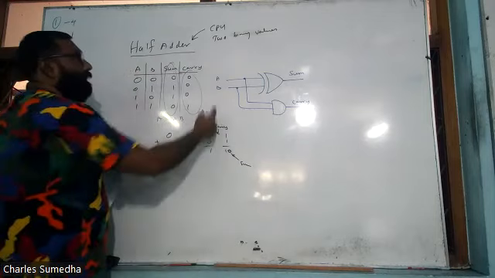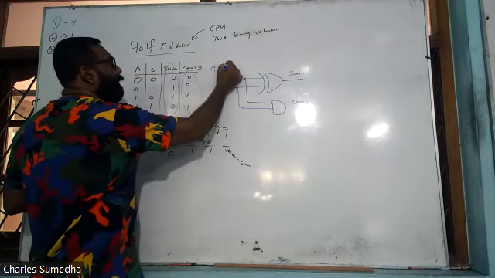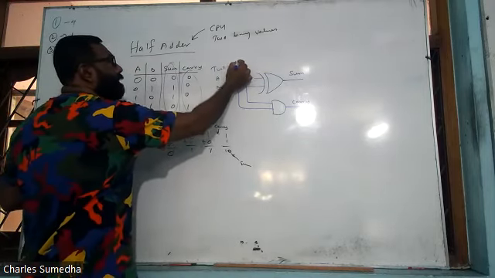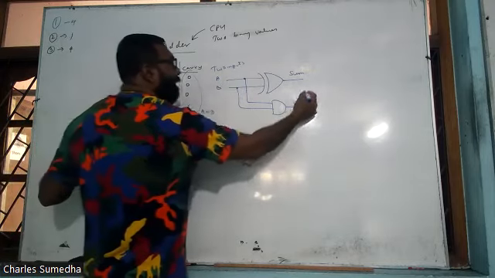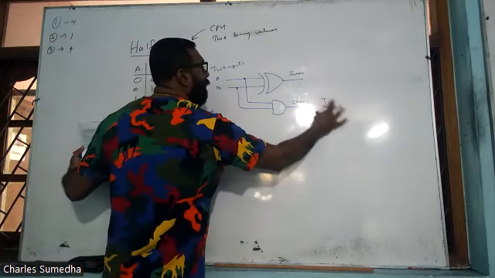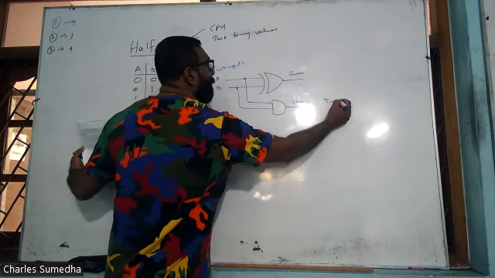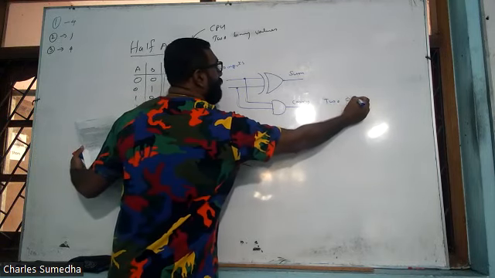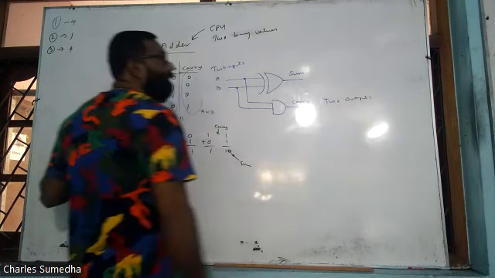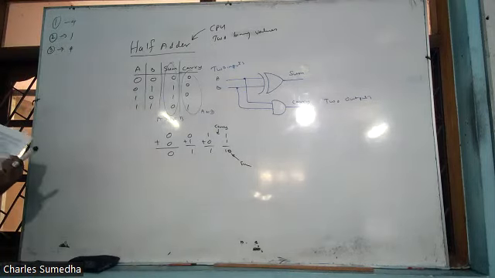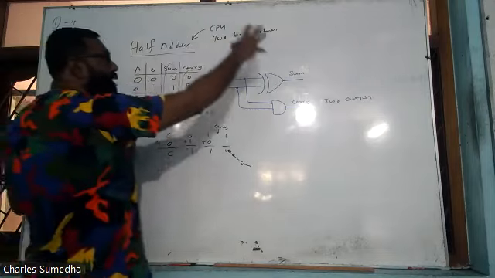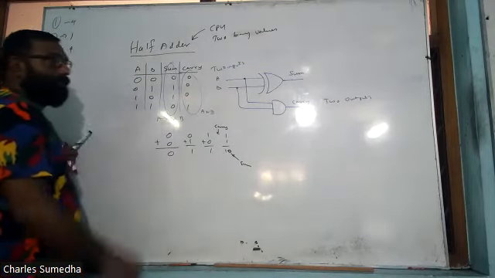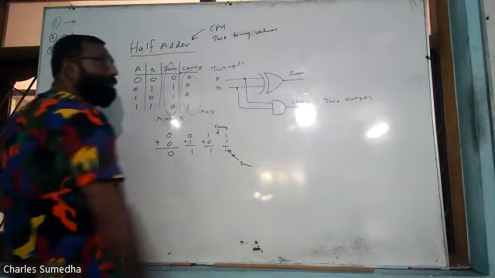So what will happen? Here you have 2 inputs. You can develop it with the XOR gate as well as with the AND gate.